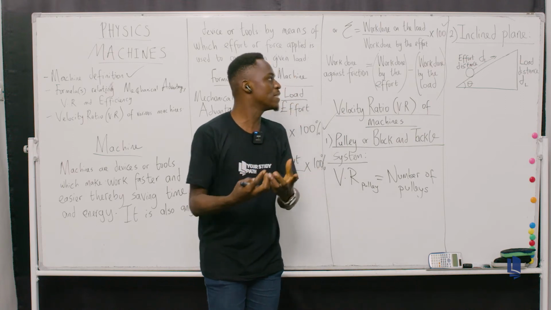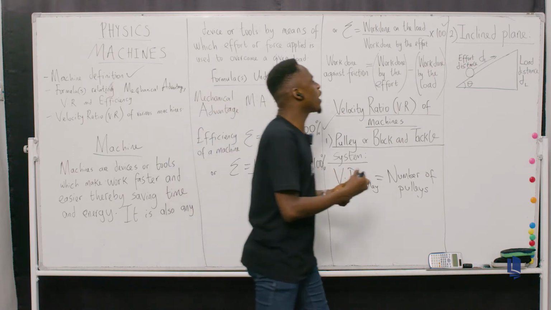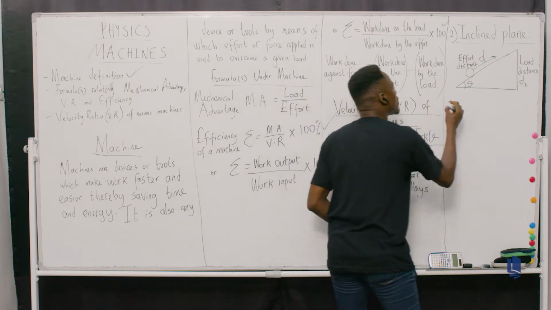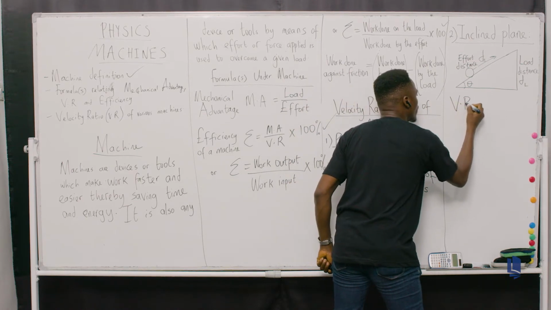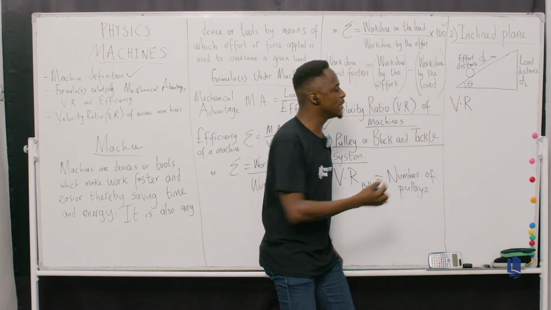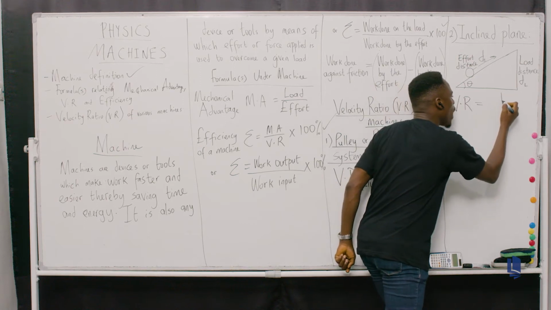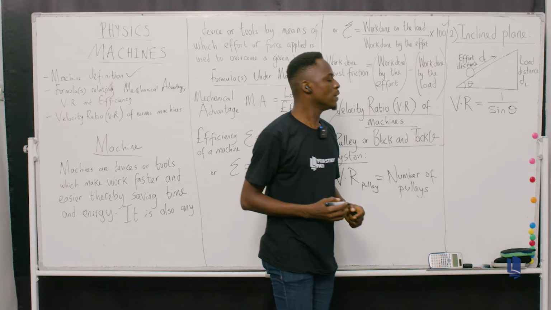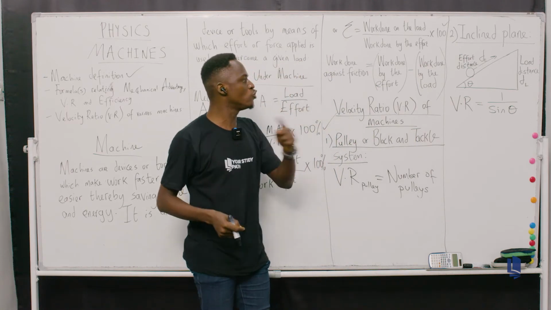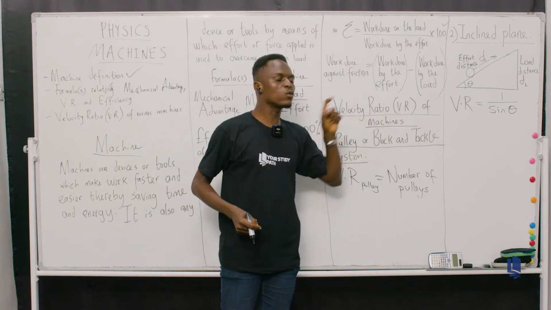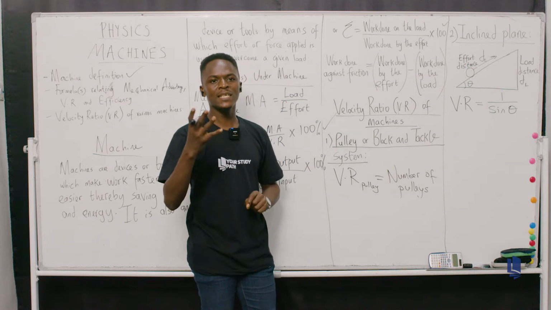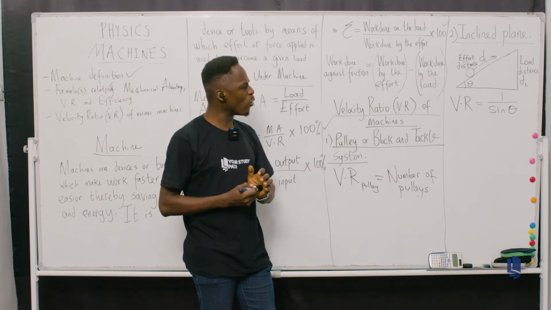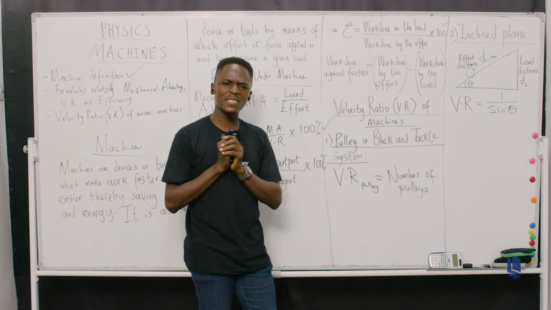And why is this? It is simply because we coined out that the velocity ratio for an inclined plane is simply 1 over sine theta. The formula for calculating your velocity ratio is 1 over sine theta.